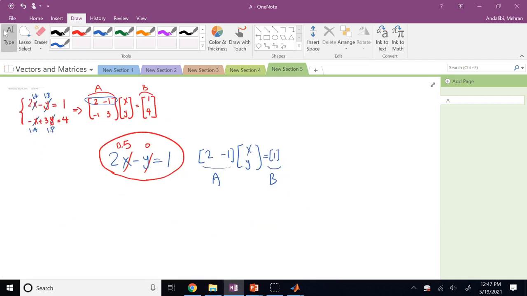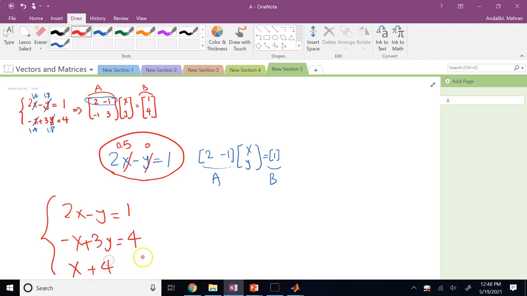You have more unknowns than equations and you have infinitely many solutions. Sometimes maybe you have more equations than unknowns. So you have 2x minus y equals 1, negative x plus 3y equals 4, and then let's say x plus 5y equals, let's say, negative 7.